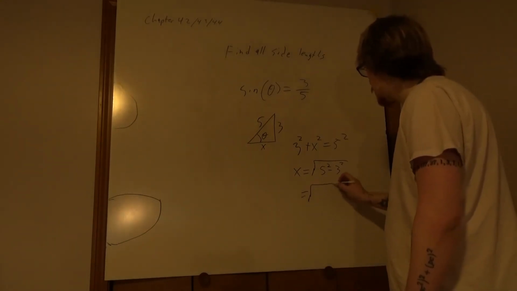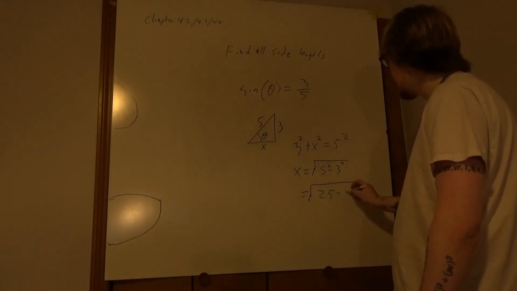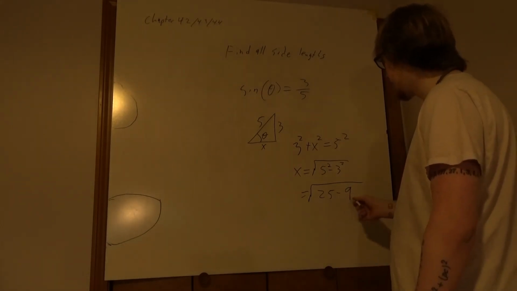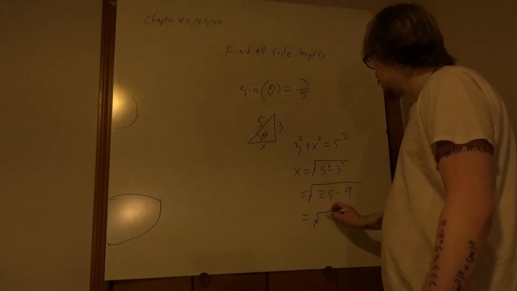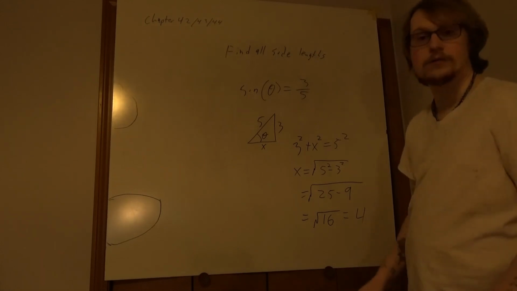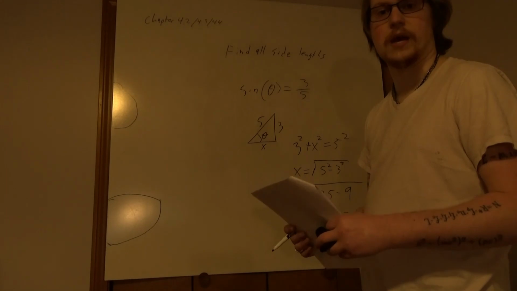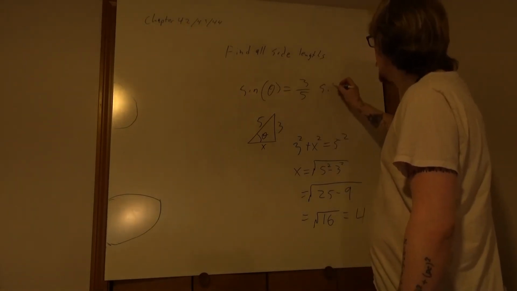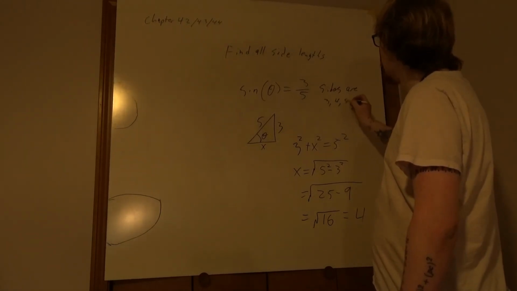This is the square root of 25 minus 9, which is the square root of 16, which of course is 4. Technically it's supposed to be positive or negative 4, but distances can't be negative. So we get that the sides are 3, 4, 5.